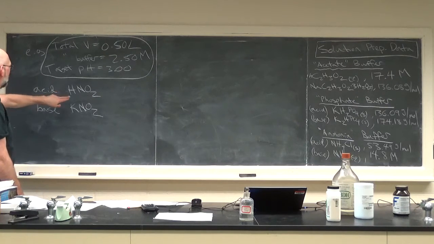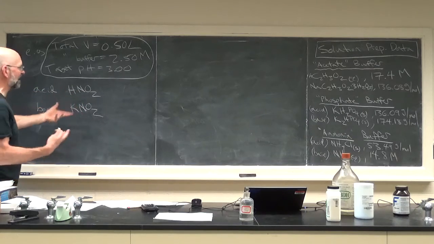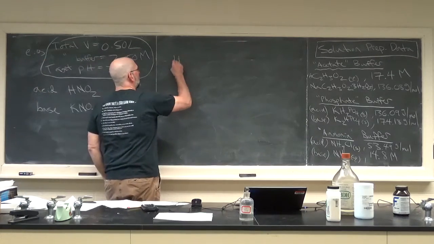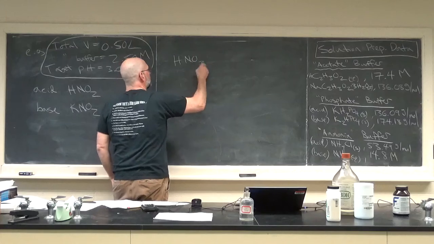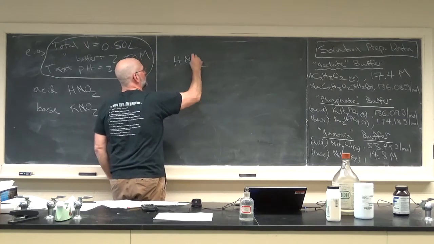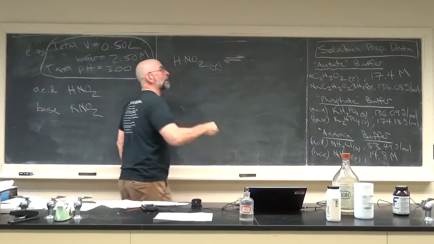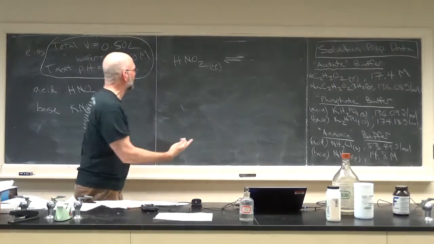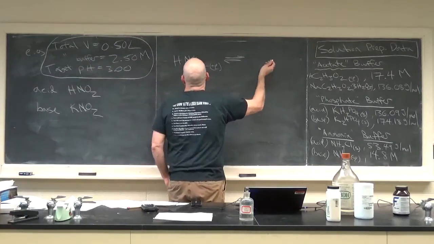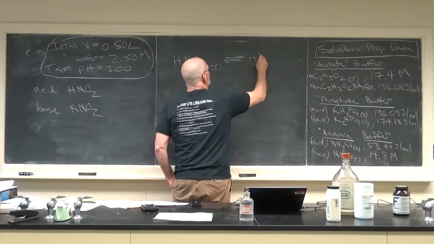So nitrous acid is a weak acid. Fine. If you write the equilibrium for this, it's a weak monoprotic acid. And so this is the equilibrium.